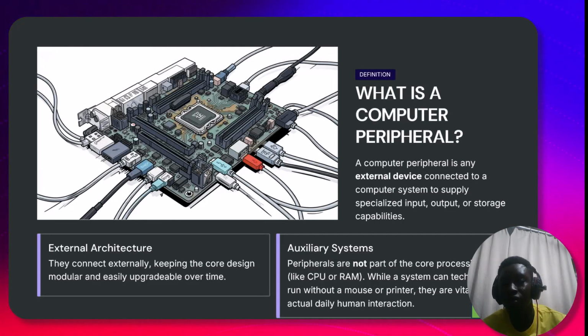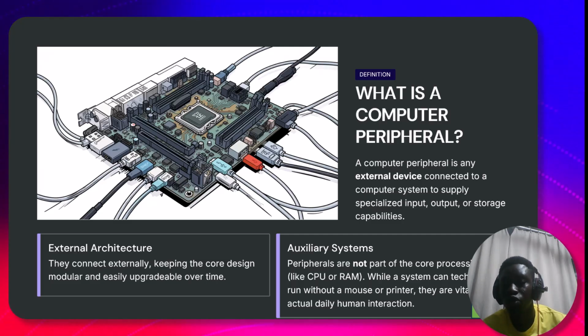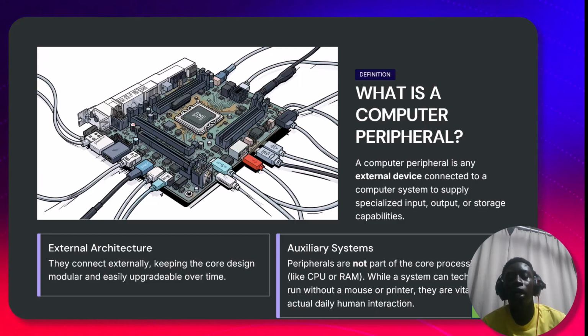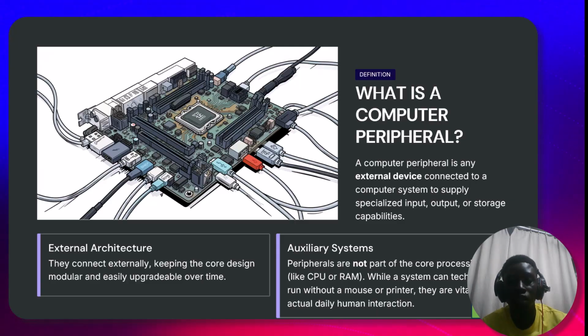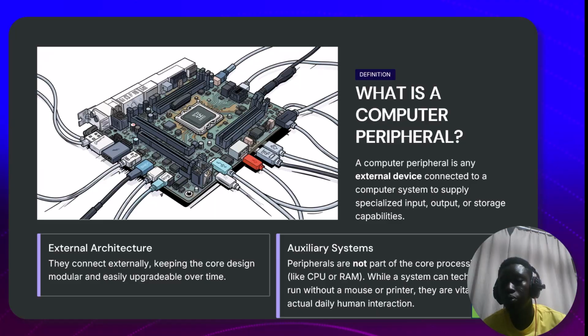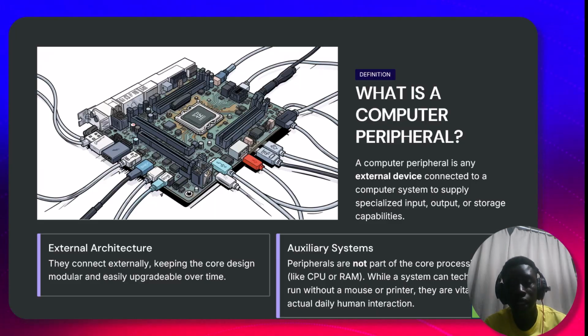A computer peripheral is any external device connected to a computer system to supply specialized input, output, or storage capabilities. It means these devices that we connect to the computer help you to input data into the computer, also output display for you to see, and also store information as well.